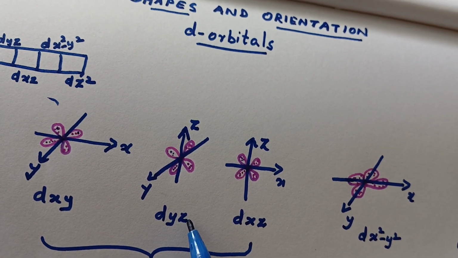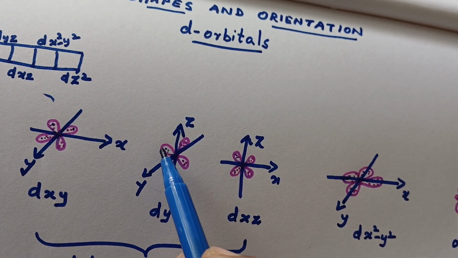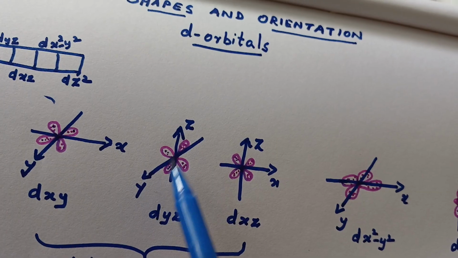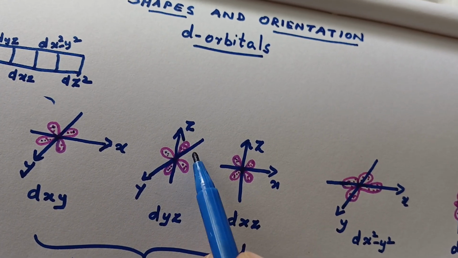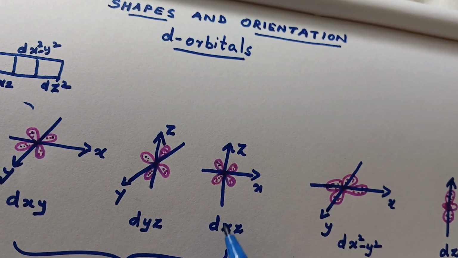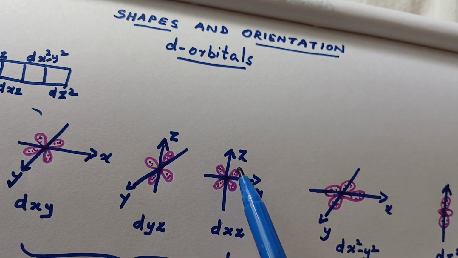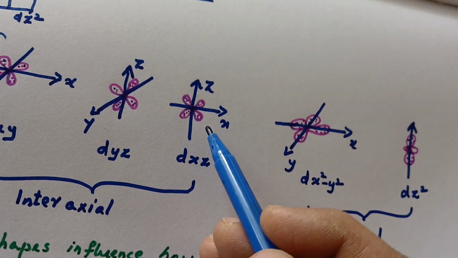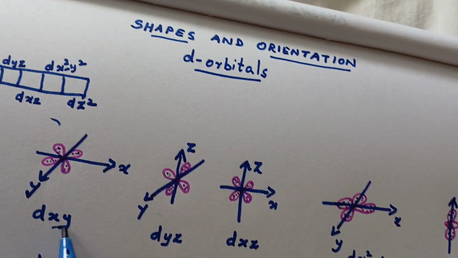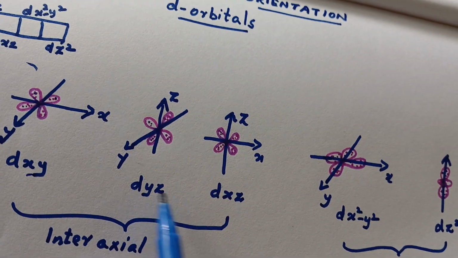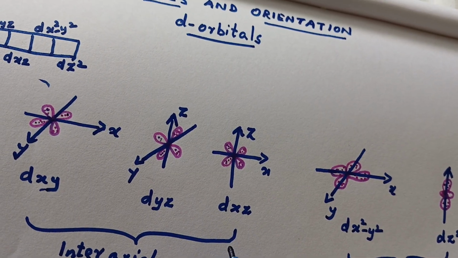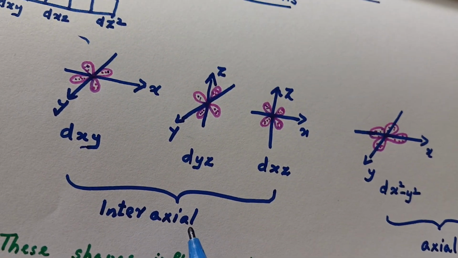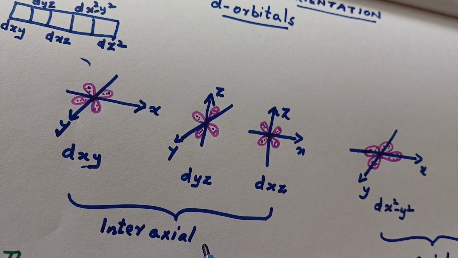In dyz, these orbitals lie between the y and z axis, and in dxz they lie between the z and x axis. So dxy, dyz, dxz orbitals are interaxial orbitals.